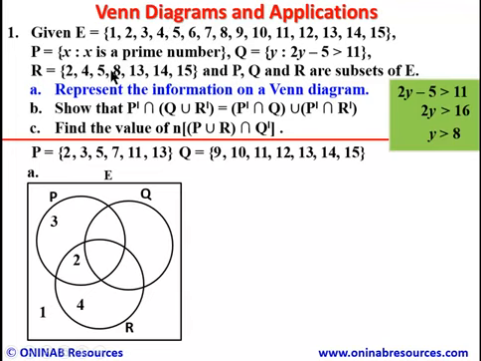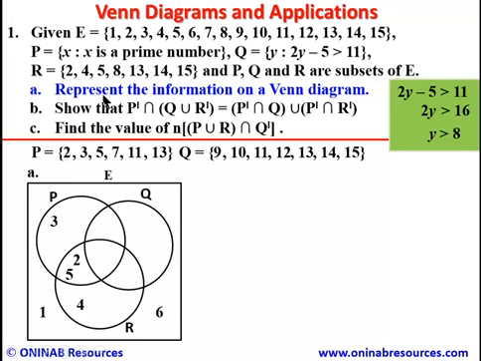We go for 5. 5 is in R and also in P, so 5 will be here. 6 is not in R, it is not in P, and it is not in Q. So it's staying outside the 3 circles.